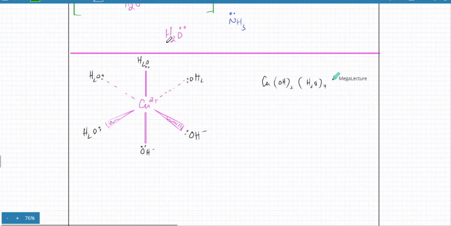Now this is known as Cu(OH)2 with four water molecules in the complex. The overall charge in this case is now zero, because the OH is minus one and the copper is 2 plus. So this complex won't have a charge, and it won't attract anything else because the overall charge is neutral.